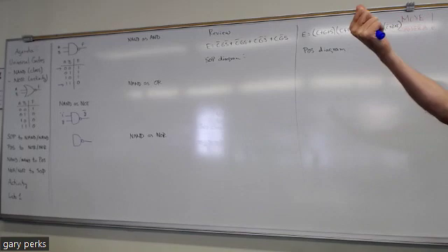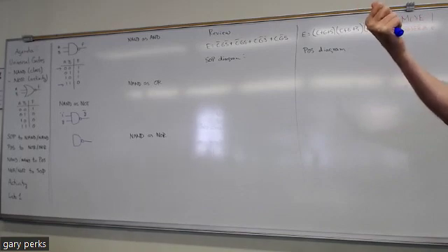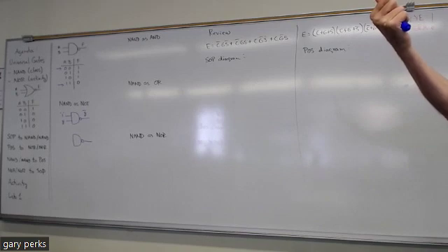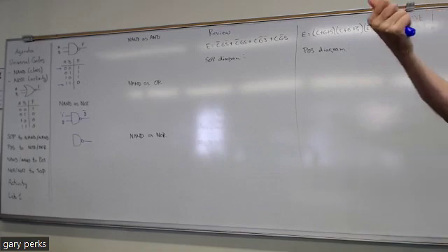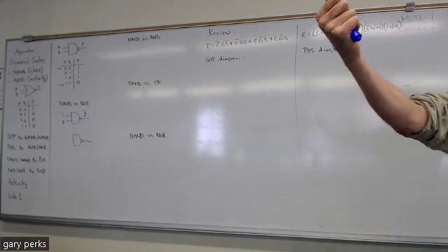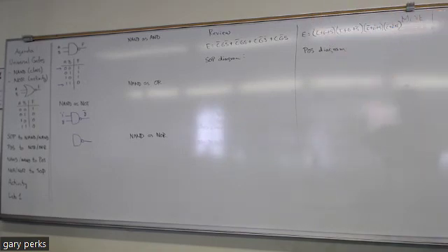What do I do? Short them, exactly. If you take a wire from this node to the other node, it's going to make the voltage the same, because voltage is the same along the same node.